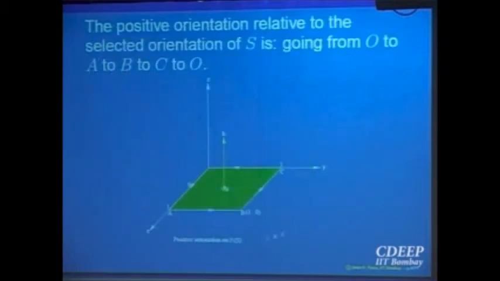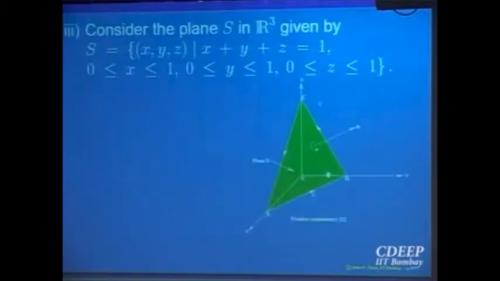Let us look at that inclined plane we were looking at, right? This is the plane x plus y plus z equal to 1, with x between 0 and 1, y between 0 and 1, z between 0 and 1. This is also an orientable surface. You can have a normal going out, you can have a normal going in.